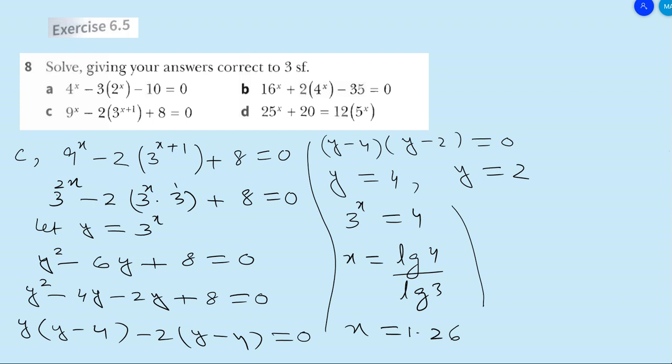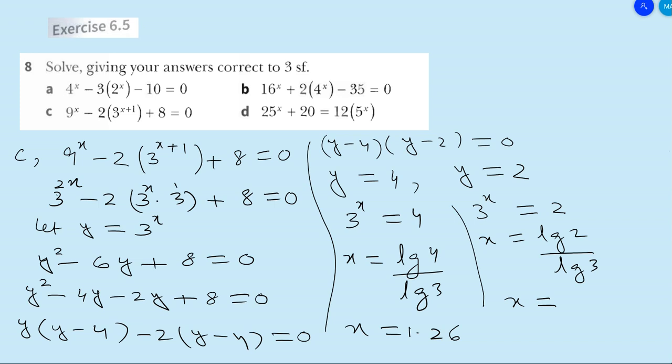The second, y is equal to 2. y actually was 3 to the power x is equal to 2. Taking log on both sides, x is equal to log 2 upon log 3.